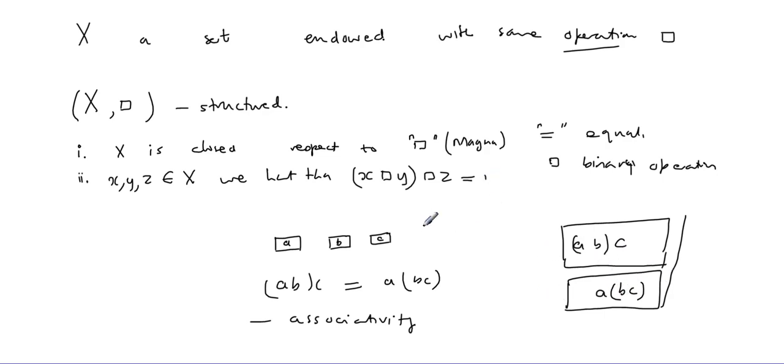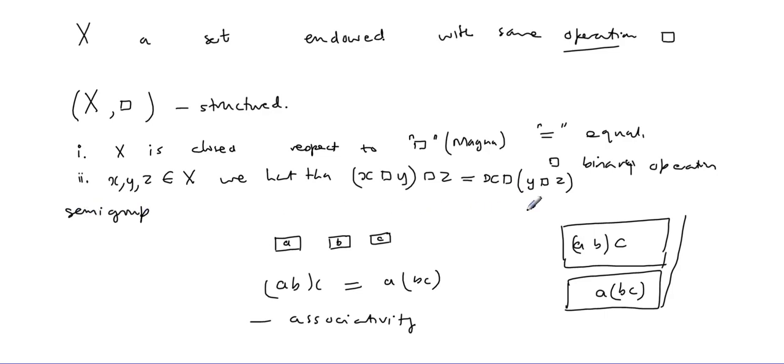So if we require that, it will then say X box Y, box Z. This we know is going to produce one. It's binary: operating two produces another one. And then this one interacting with Z will produce something else. So if this is the same as saying X box Y, then if this structure is a magma plus the operation, and it satisfies this, then we're going to call it a semigroup.